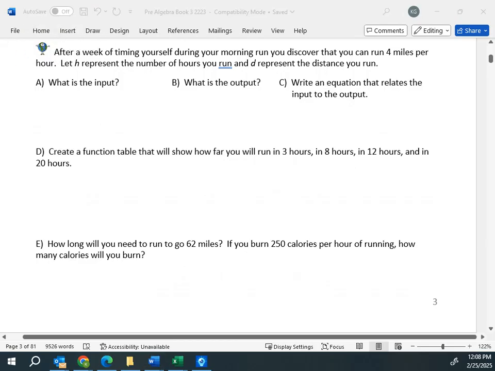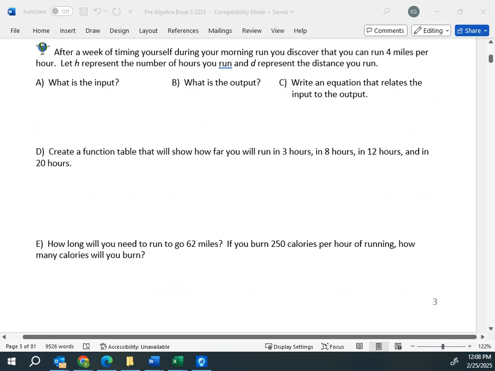After a week of timing yourself during your morning run, you discover that you can run 4 miles per hour. Let H represent the number of hours you run, and D represents the distance that you run.